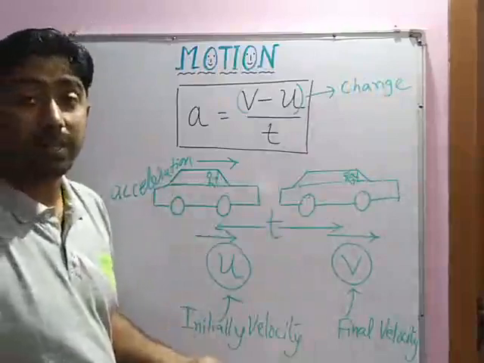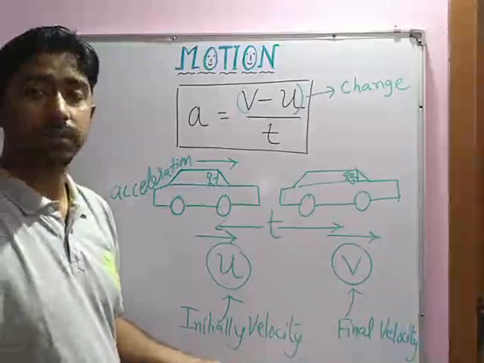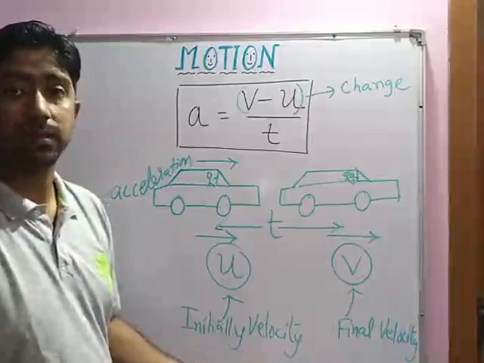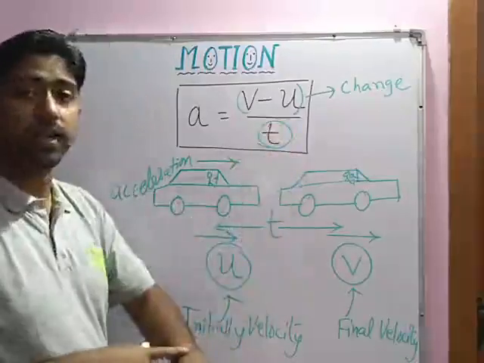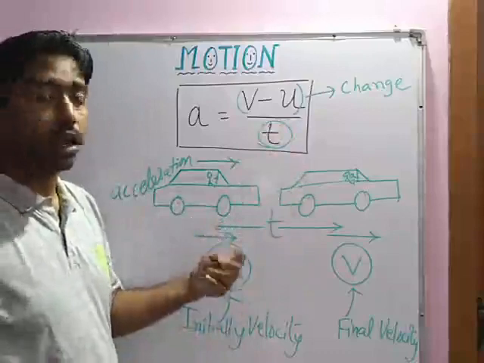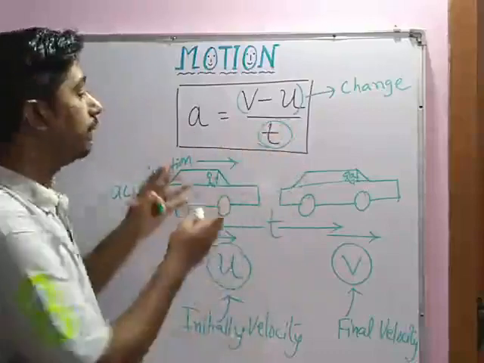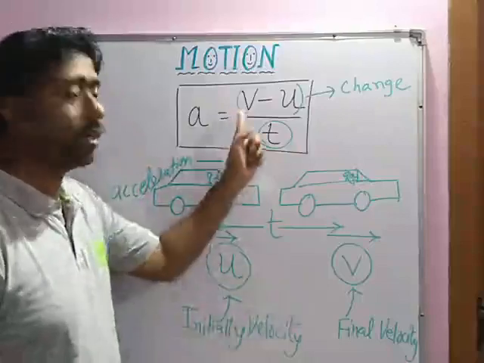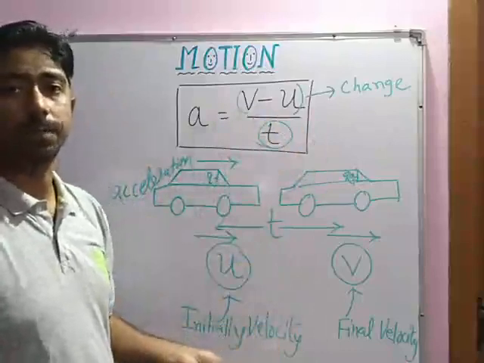In what time is it taking place? Because rate means change in a certain time. The time is t, because you had a wristwatch to measure this time. So on substituting the values, v, u and t, you get your answer for acceleration.